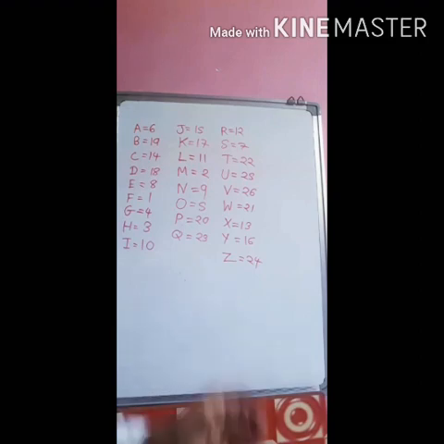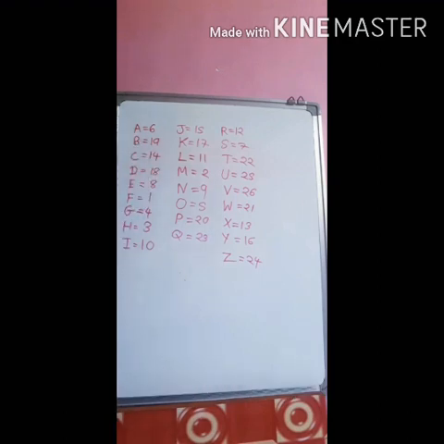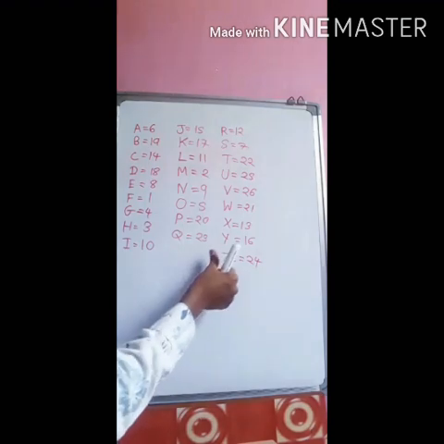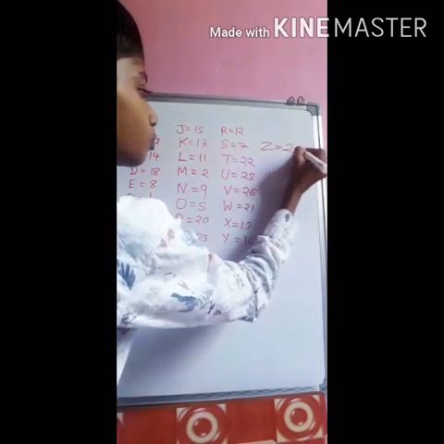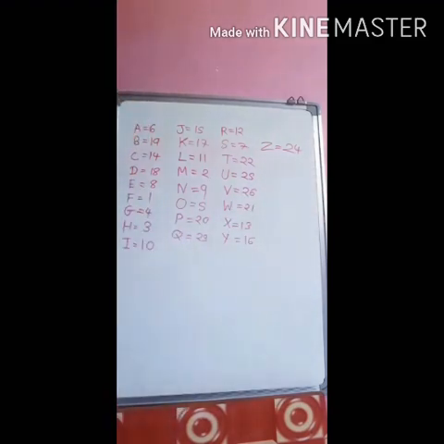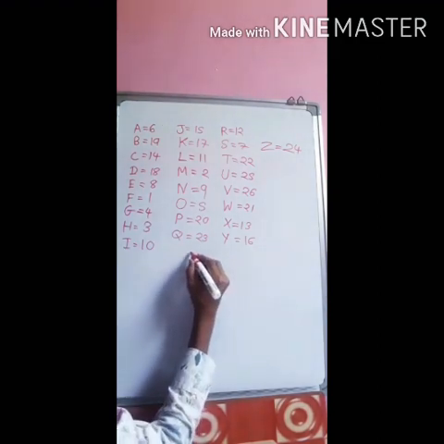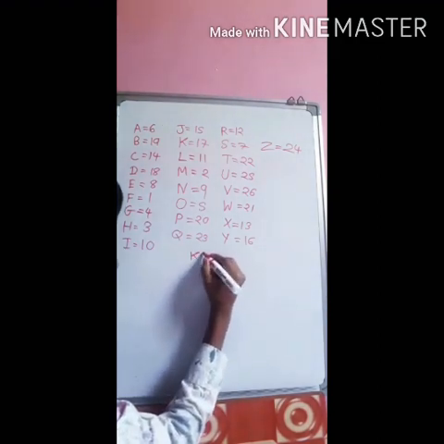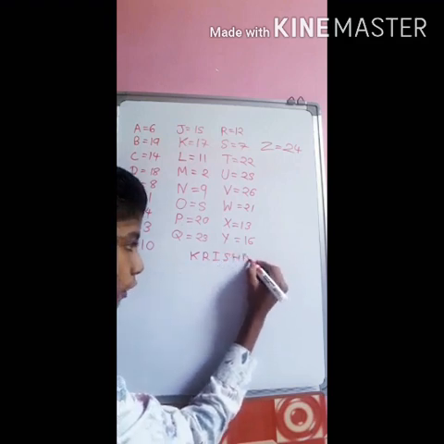Now friends, we will see how to write some letters with this code language. I will write this at the top to make place. Now friends, if you have to write the word Krishna in this type of code language, first I will write the word Krishna.